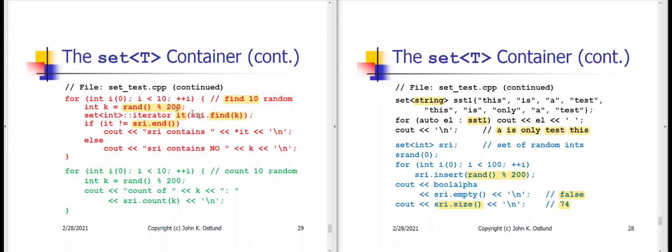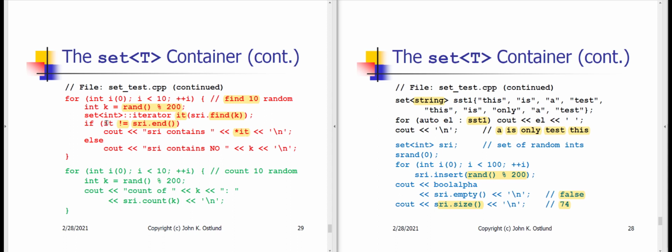All right, so 10 times in my loop, I'm going to generate a random number. Then I'm going to try to find that random number in the set. If the iterator is not end, then I can display the message that SRI contains, and here I'm using star on the iterator to confirm what that value is that I found.